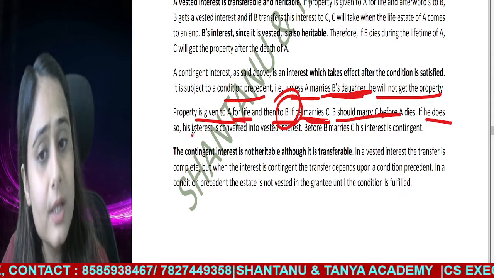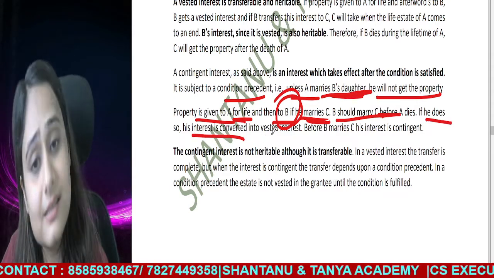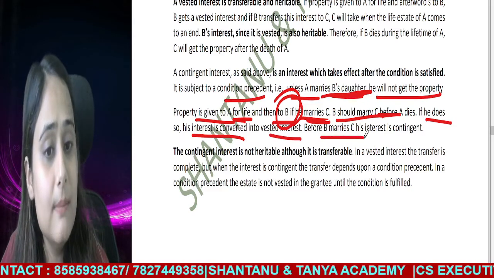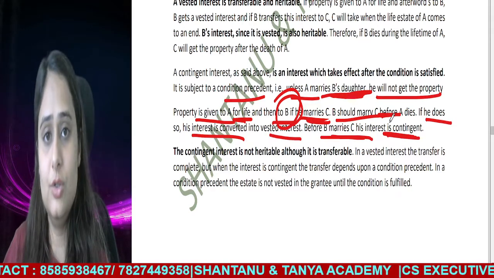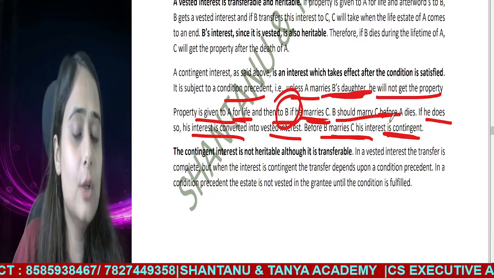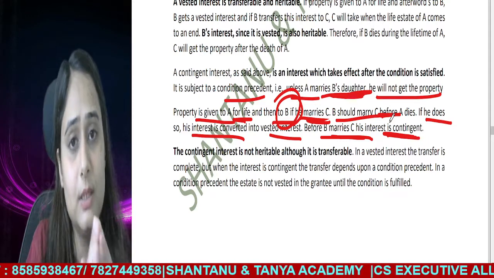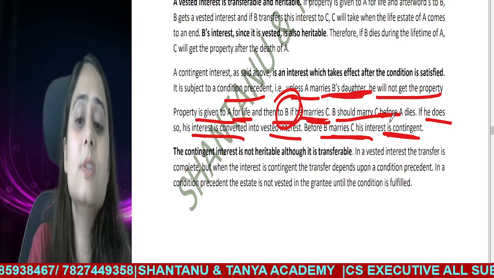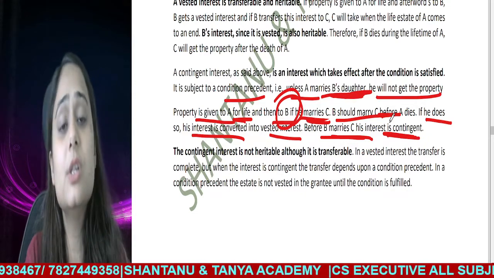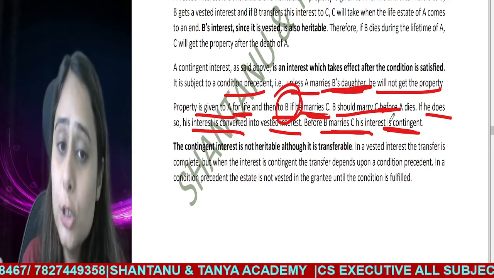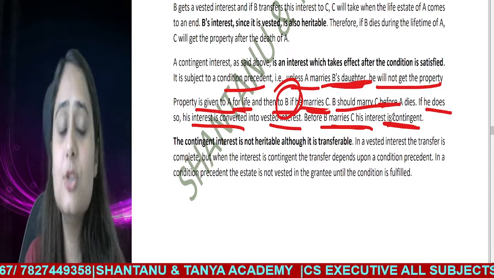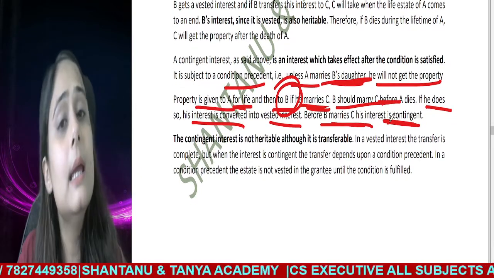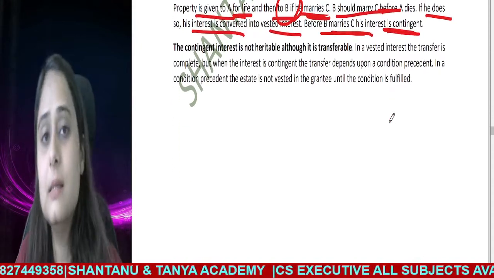If he does so, his interest is converted into a vested interest. Before B marries C, his interest is contingent. When the condition is satisfied, it becomes vested. So a contingent interest is not heritable, although it is transferable. That means you can transfer it, but it is not heritable as in the case of vested interest.